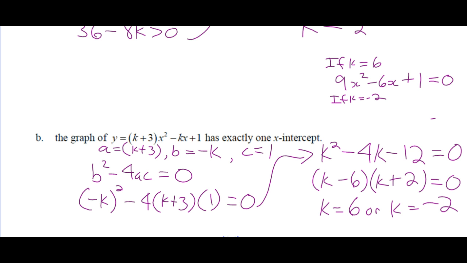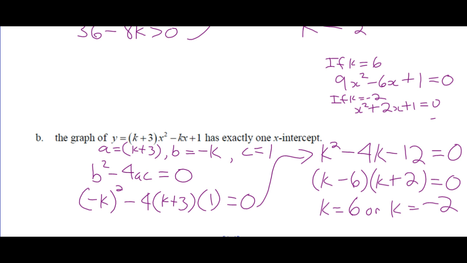Negative 2 plus 3 is 1, so we get x squared plus 2x, right, minus negative 2, so plus 2x plus 1 equals 0. That's the quadratic. b squared, 4, minus 4 times 1 times 1. 4 minus 4 is 0. It's all good.